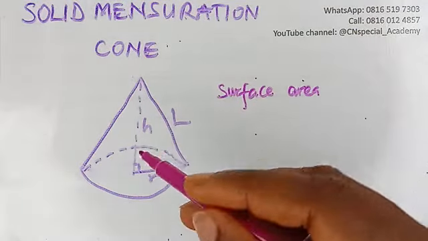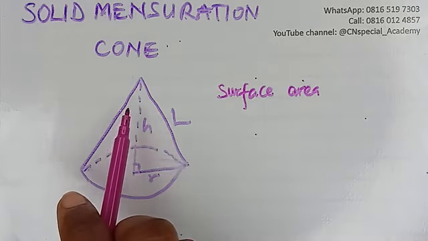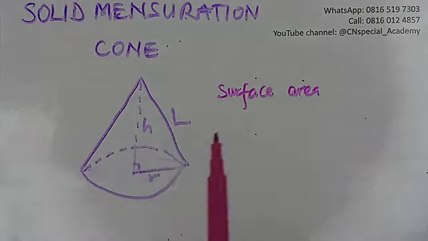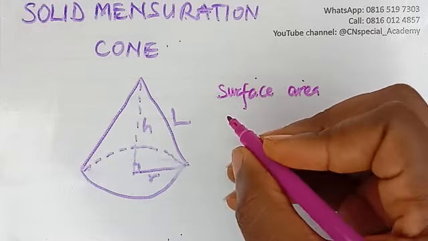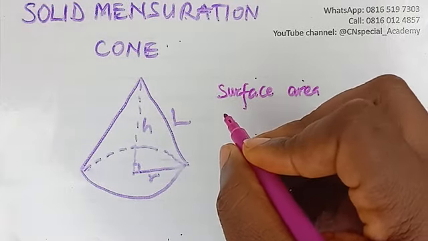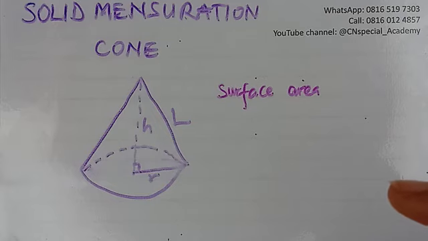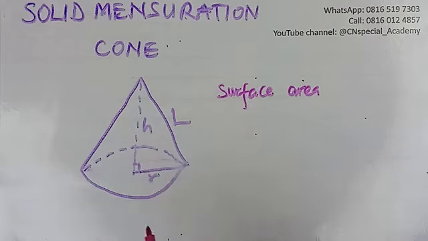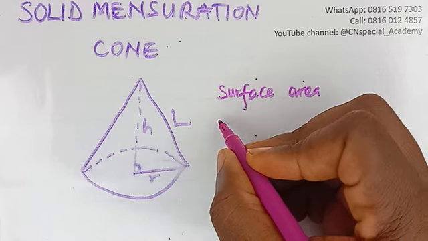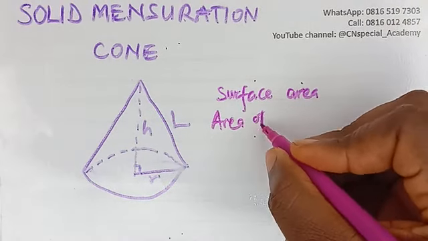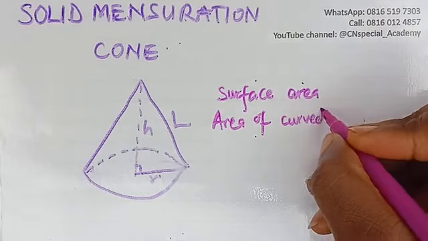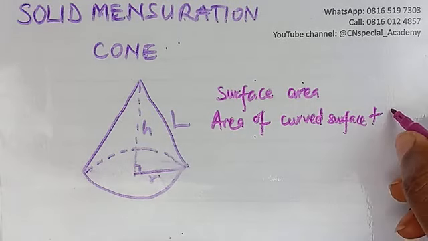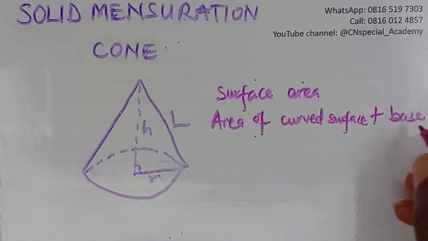So when we talk about surface area, we can see these parts that make up this triangular side and the circle at the base of the cone. So the surface area is going to be the area of the slant, that is the area of the curved surface, plus the area of the base, circular base.